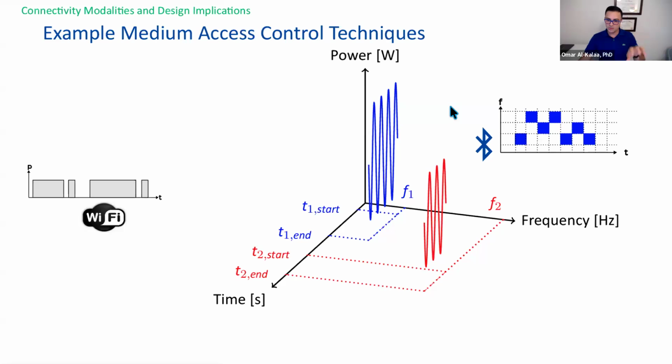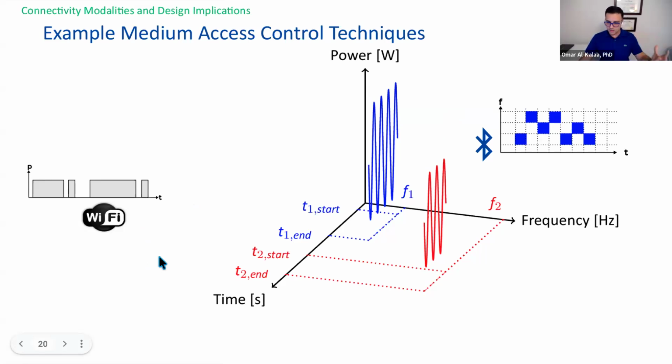So if there is a static interference on a certain channel, then the Bluetooth connection will only suffer from that interference for the period during which it was using that channel, but then it will move on to a different one. Wi-Fi has a completely different way of accessing the channel. It is static in frequency, so there is a static Wi-Fi channel that the connection will be using to transmit data, but then Wi-Fi adopts something called listen before talk, or LBT.